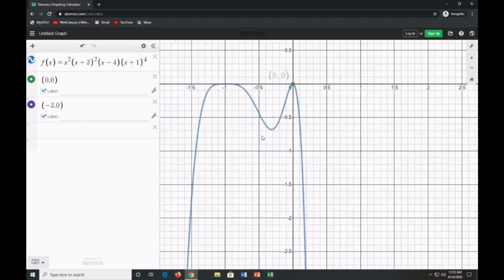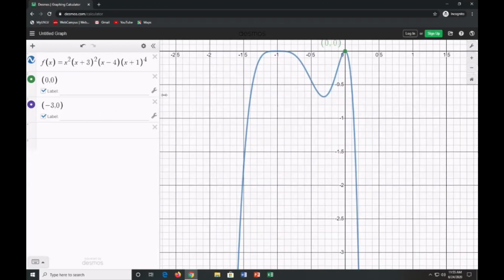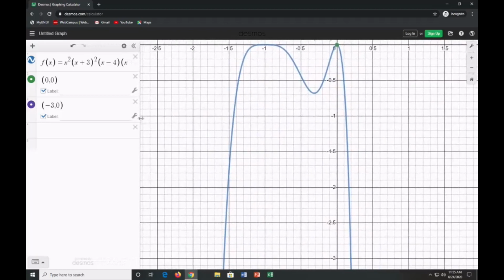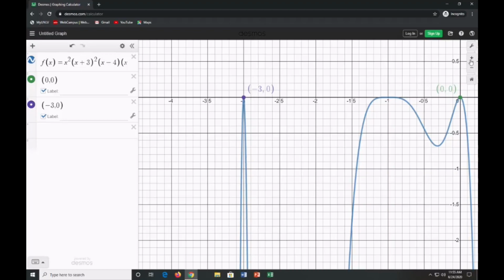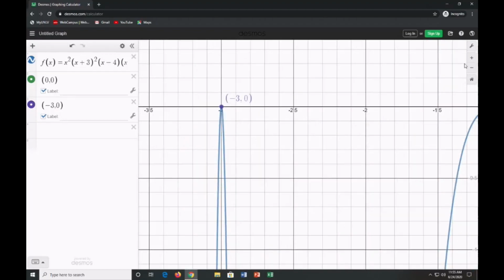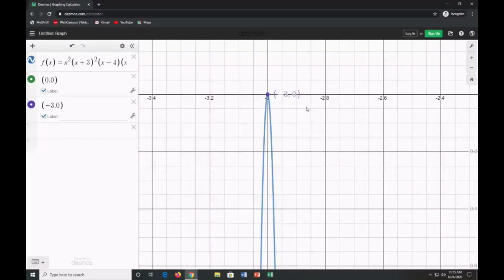Negative 3, comma 0, let me move over a little bit. I think it was here, right there. See, again, looking at the graph, look at that. As I zoom in, you can clearly see that the line is hitting negative 3, comma 0 and bounces back to the same side, or the negative side of the y-axis, right?